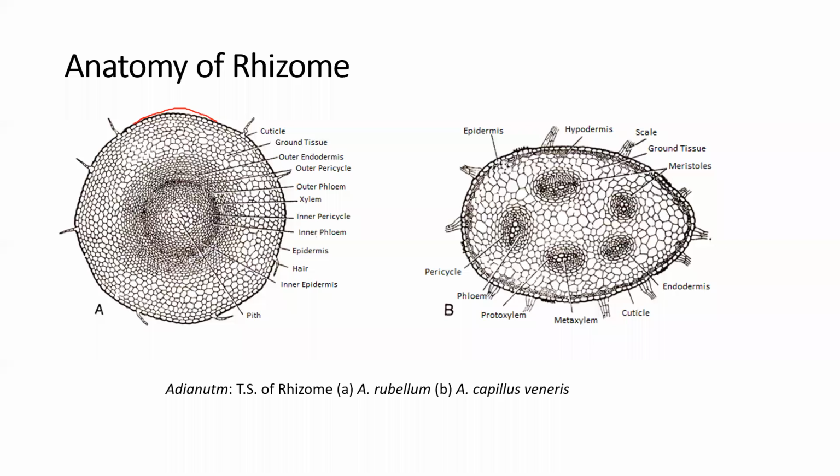The epidermis is a single layered structure which is covered with a thin layer of cuticle. And on the epidermis, hair-like structures originate from the epidermis.